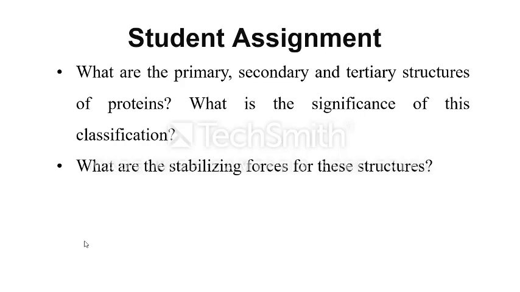You have to find out, number one, the biological significance of primary proteins, then for secondary, and then for tertiary. At least one significant role in biological system, and then you have to find out what are the stabilizing forces for these structures, meaning which forces or which bonds stabilize primary structure and which forces are stabilizing secondary structure and which forces are stabilizing tertiary structure. You have to write down all these on a piece of paper, right?